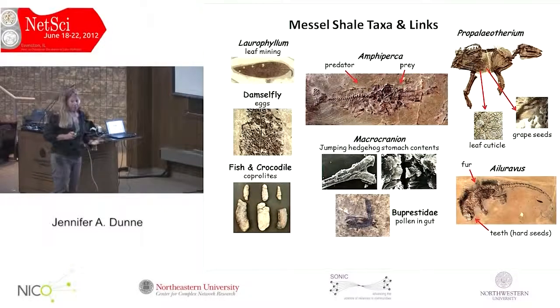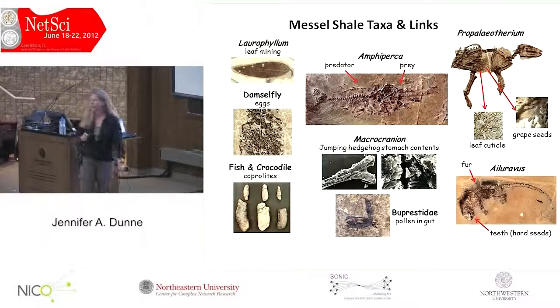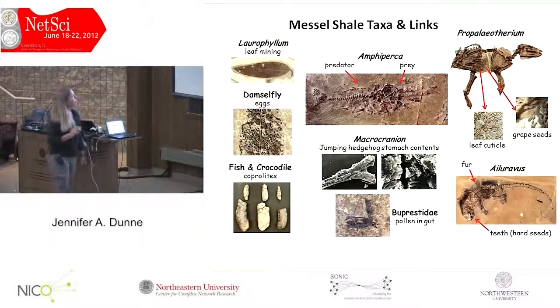One of the best lines of evidence that we have is gut contents. And there can often be quite a bit of it. Here's gut contents for one of the little horses, gut contents for a hedgehog. There's also a lot of evidence from insect damage on plants and also the functional morphology of different species.